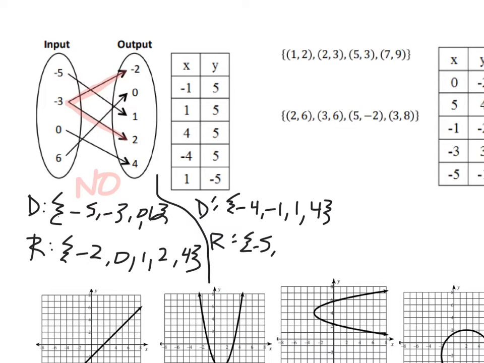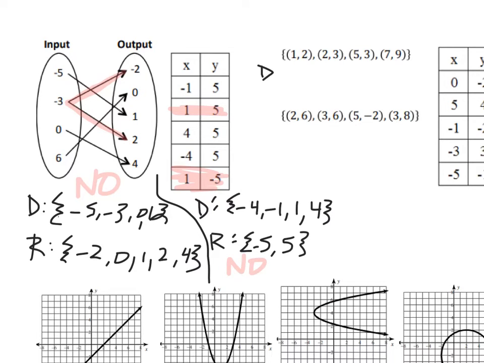Whoops, what did I do? Not put them in order. So -5 and 5. And I'm looking and I notice that I have two places where I have the same x values. I have 1, 5, and then 1, -5. So because that 1 is going to two different things, this is also not a function.